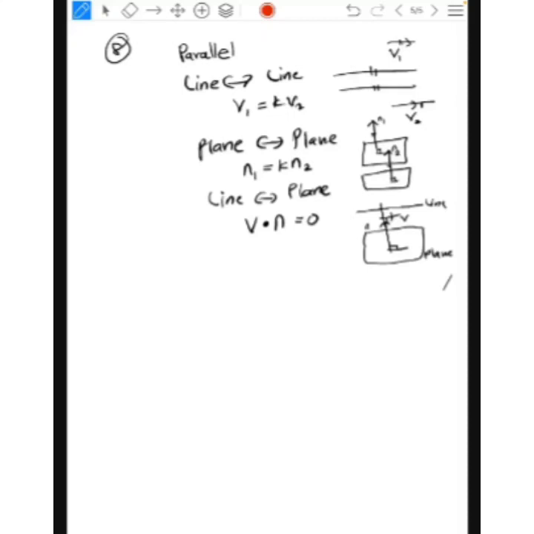So if the two vectors are perpendicular or orthogonal to each other, the dot product of the two vectors will be equal to 0, meaning v and n are perpendicular. Then we use these properties to solve question number 8.